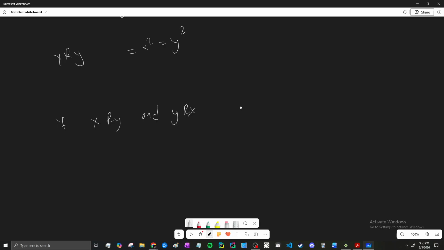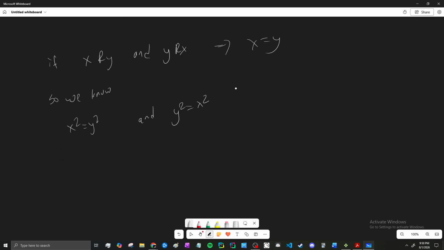I have to show this basically. So we know this right here, just plugging in a value. So y squared equals, since x squared is y squared, y squared is y squared.